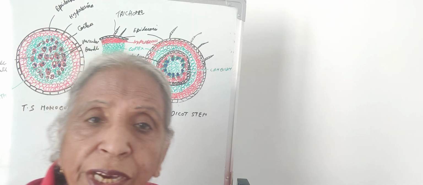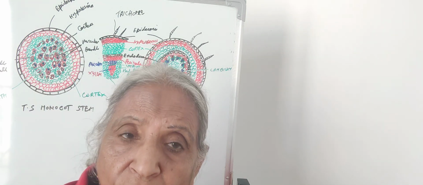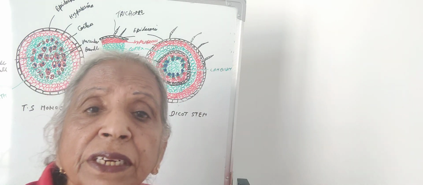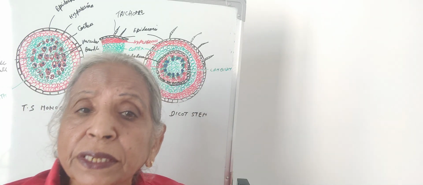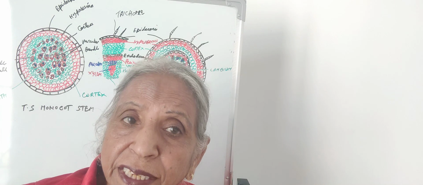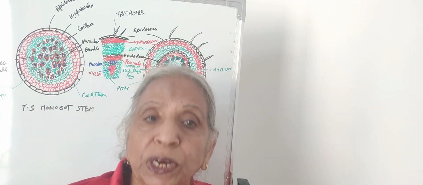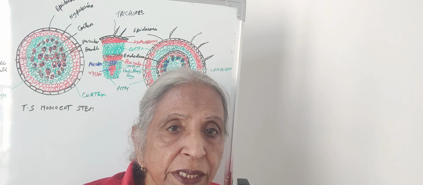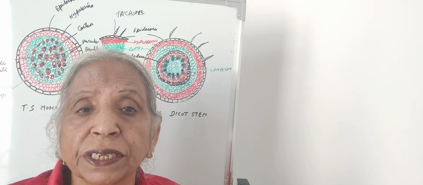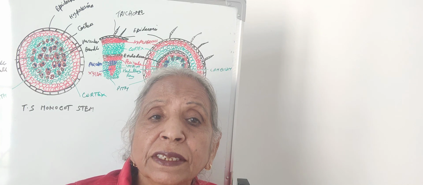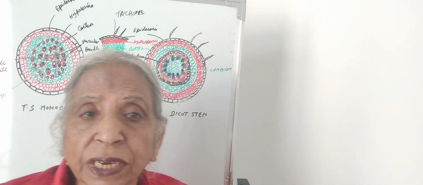So the cortex cells get differentiated into the cambium. They differentiate into meristematic cells. That cambium is called the phellogen. This phellogen adds cells towards inside as well as outside.